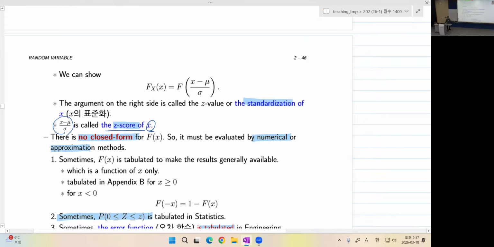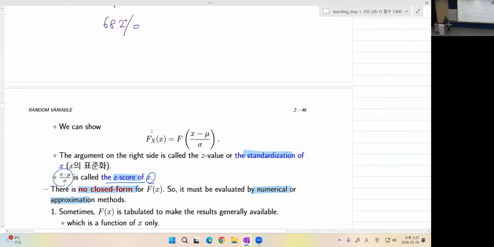Got it? And as you see, the Gaussian random variable has many, many cousins, you may say friends, by changing mu and sigma. However, all of them have the same ancestor, right? That is what? That is the standard normal or Gaussian distribution.